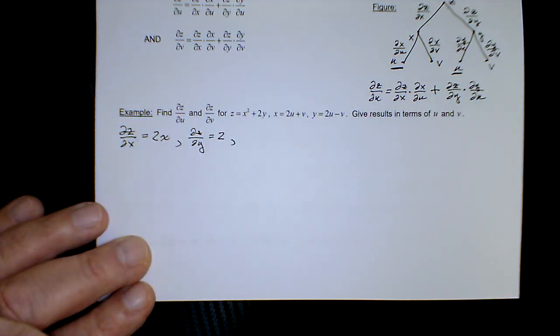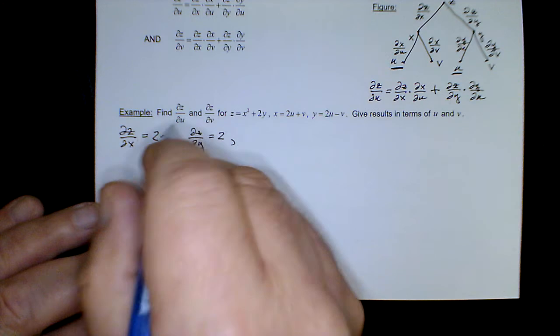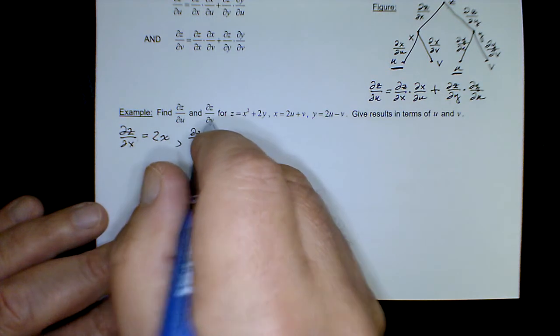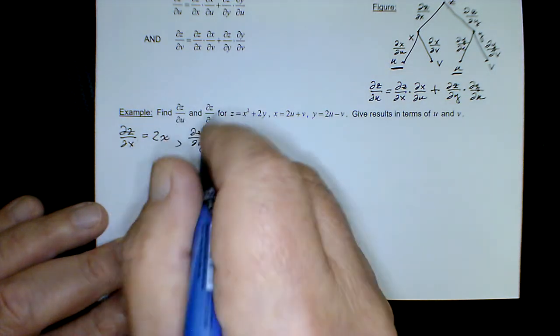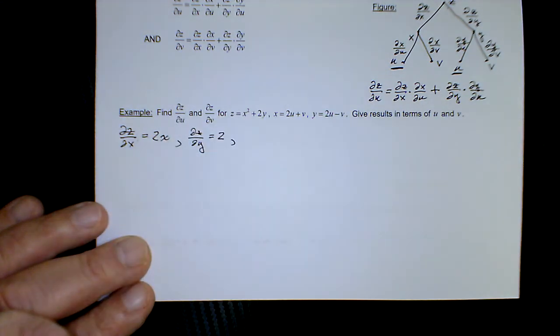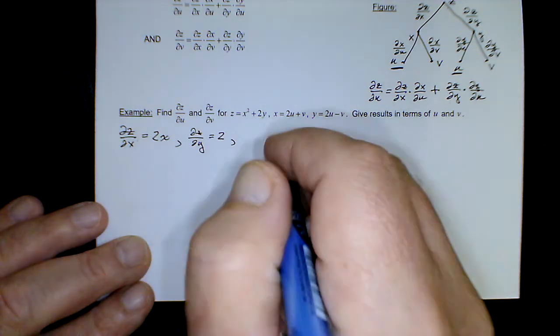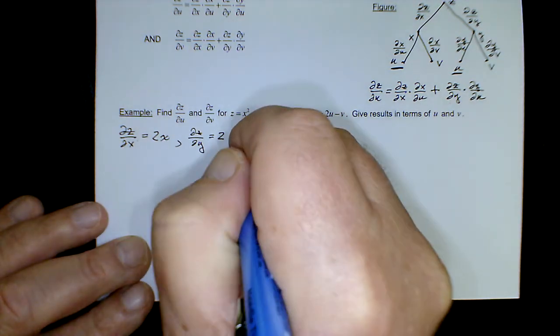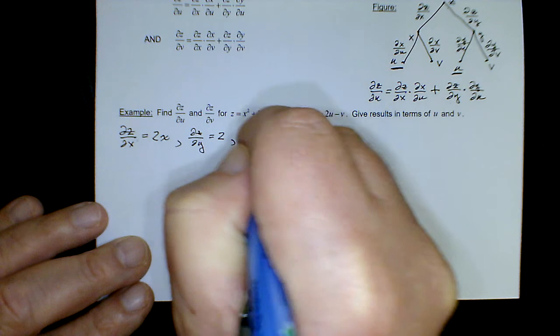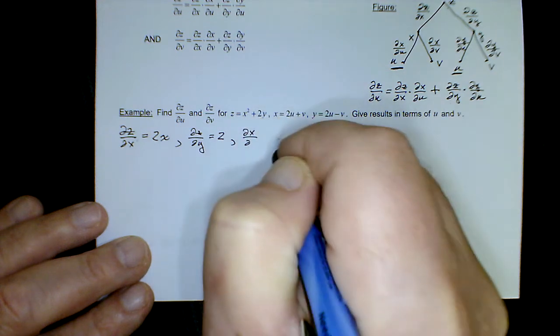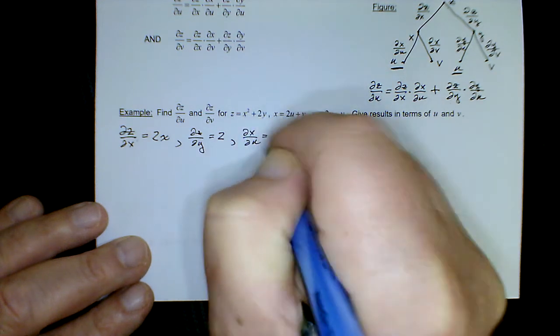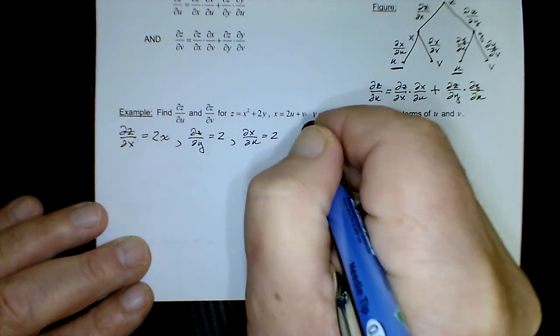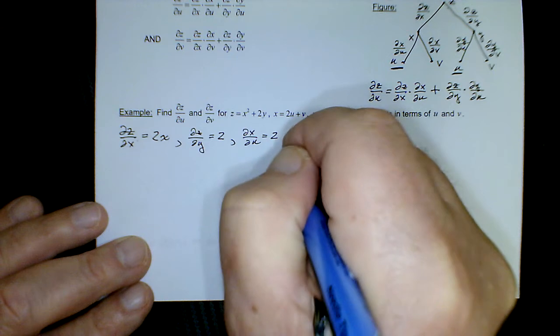Okay, then we're going to need the partials of x and y. To do both partials of z with respect to u and v, we're going to need the partials of x and y both with respect to u and v as well. So the partial of x with respect to u is 2, because v is held as a constant.